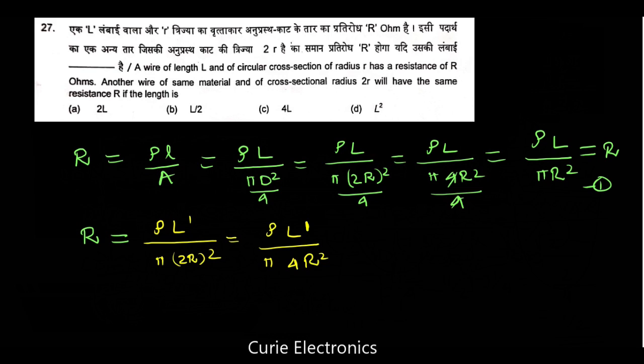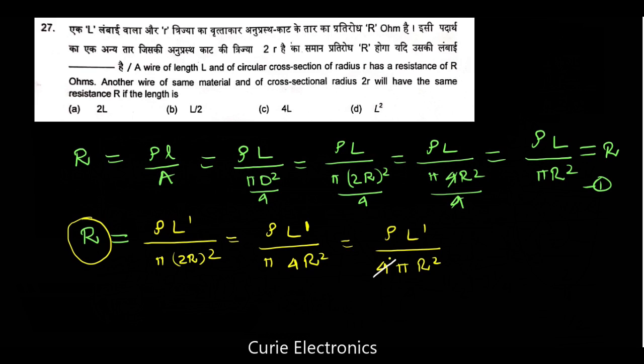Now if we compare these two equations, we have rho L dash upon 4 pi r square. To keep this resistance R constant, we have to cancel out this 4. So we have to increase the length by 4 times.